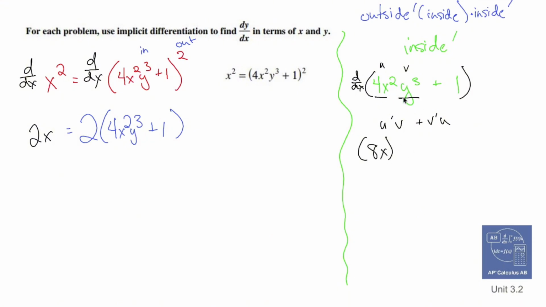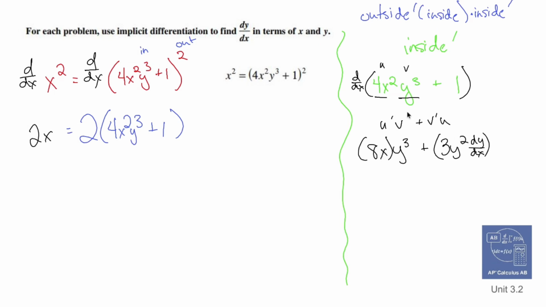Multiply everything by v as is. So that would be y cubed, no big deal. The derivative of v is going to be the derivative of y cubed with respect to x. That's going to be 3y squared, but since we're taking the derivative of a y, you attach dy/dx to it.